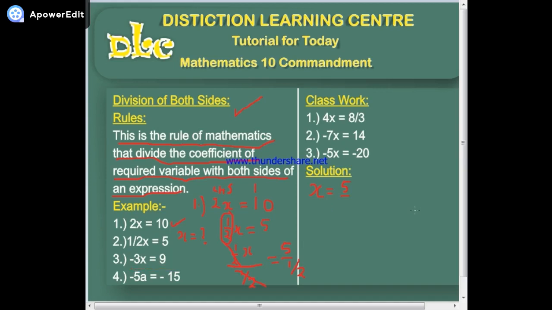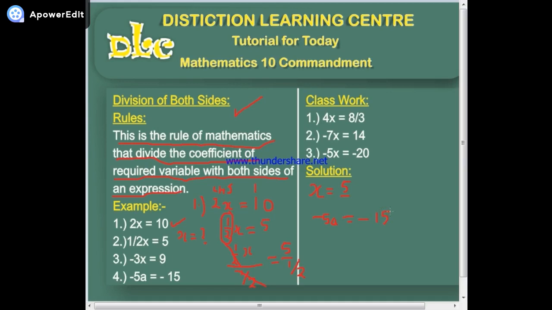So let's now move to the fourth question, which is minus 5a equal to minus 15. So what are we going to do here?